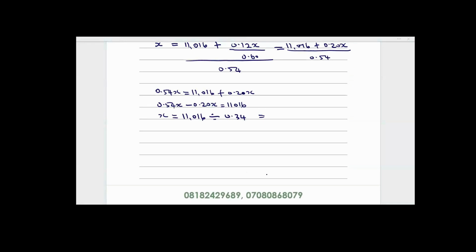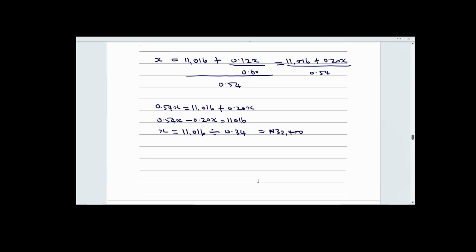That's 32,400. So this is the sales revenue. 32,400,000 is the sales revenue the company must make for the company to be able to earn an after-tax profit of 12% on that revenue.